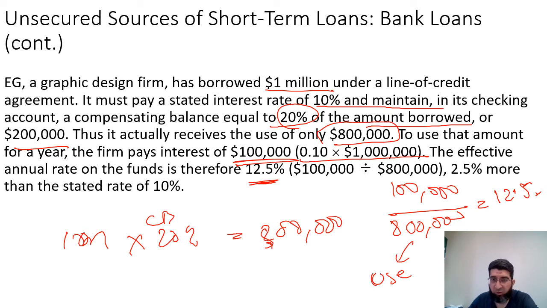We don't use the entire $1 million; 20% stays in the compensating balance, or checking account, as a kind of security or guarantee that the bank will not lose all the money if something bad happens. So we pay more for using less money, hence it's a higher interest rate. The stated interest rate is 10%, but the effective rate is 2.5% higher.